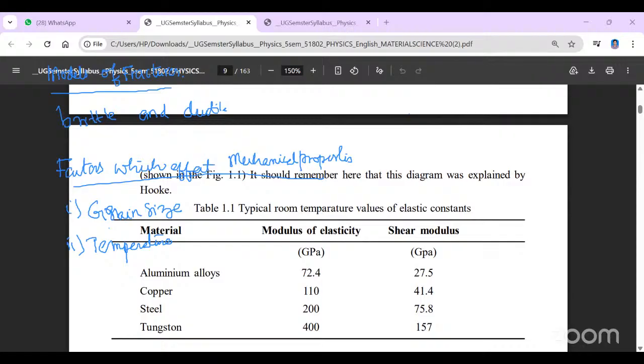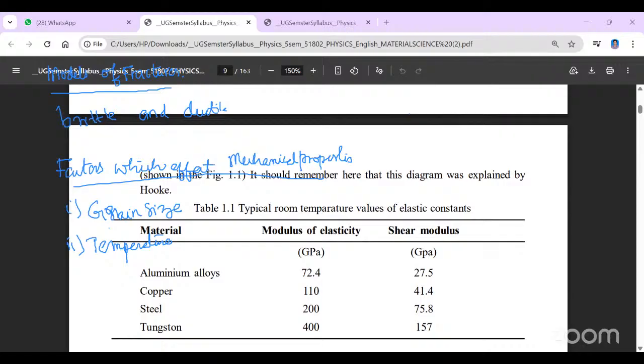All these values decrease at the same time, and Young's modulus decreases. If all these are decreasing, it will automatically affect the mechanical properties. So we have to choose a material or alloys which withstand higher temperatures. That is one main effect of temperature.